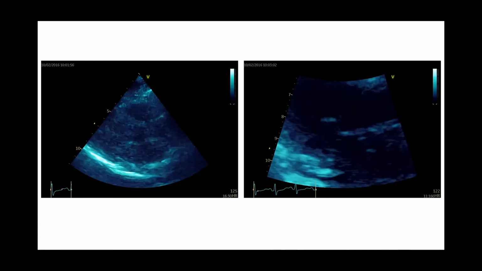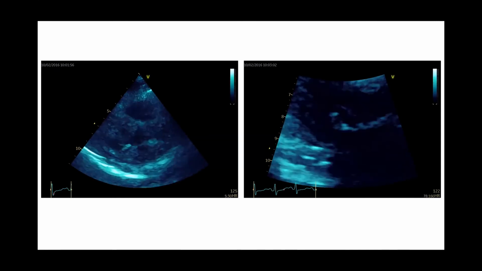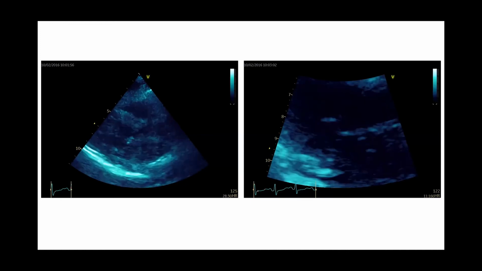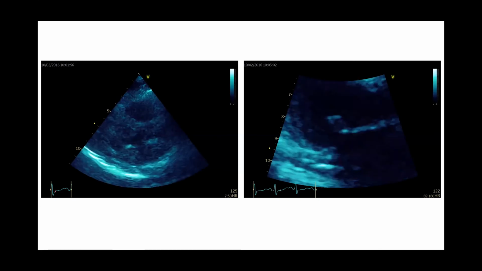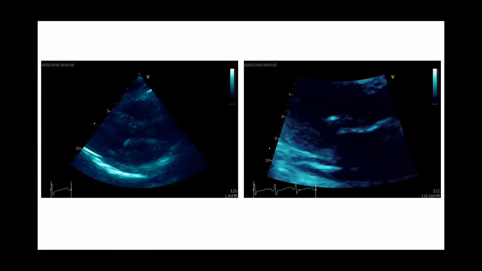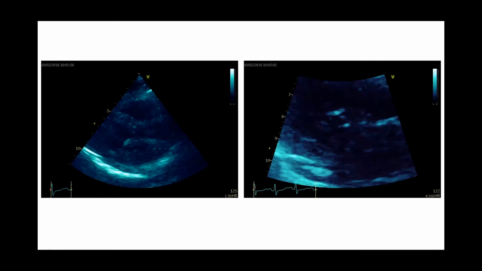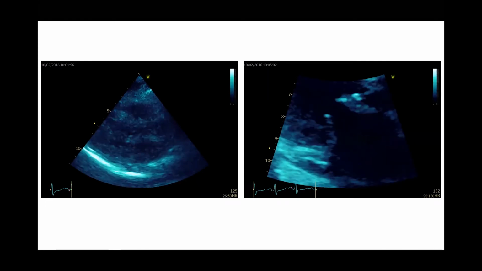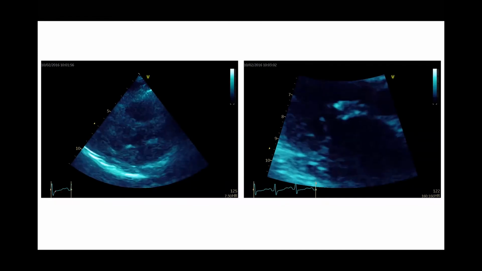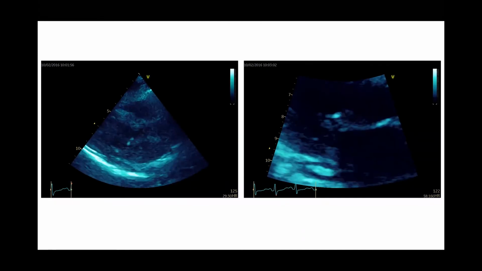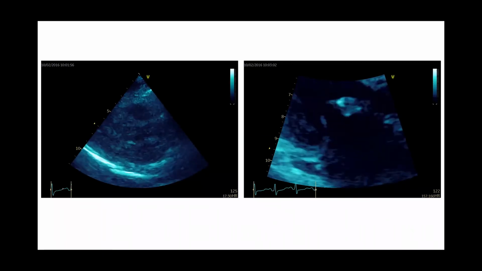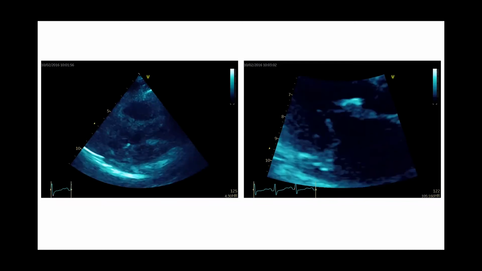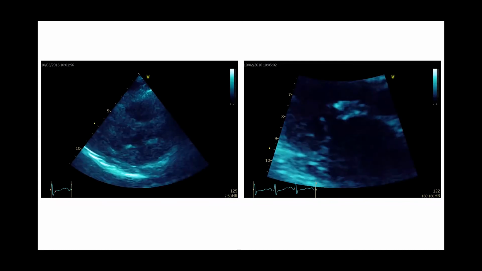All I can appreciate is a normally functioning LV. I can see the mitral valve. I'm reading the one on the left side, which shows a bright spot on the anterior mitral leaflet, possibly some calcification there, but I'm trying to correlate how the mitral valve is looking on the right side, which shows the base is definitely not calcified, there is more calcification at the tip.